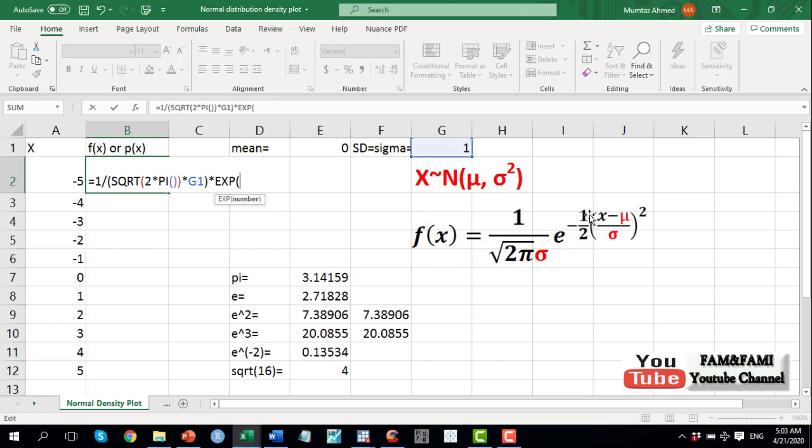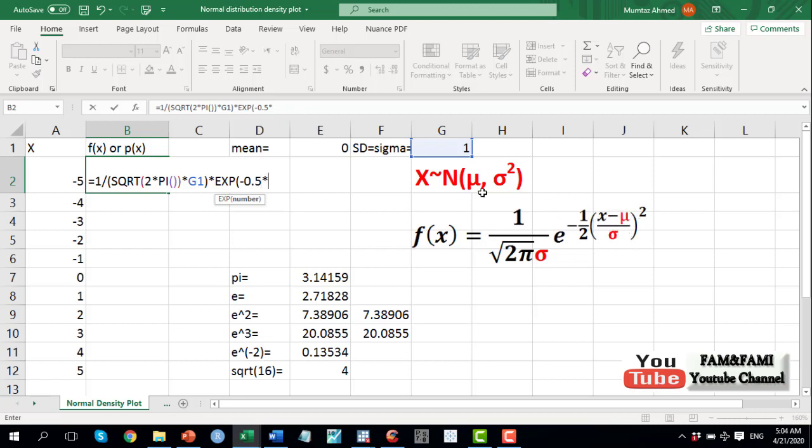So it is minus 1 by 2. You need to put the minus sign, and then 1 by 2 is 0.5. So 1 divided by 2 is 0.5. So we have calculated this expression, and now this 0.5 is being multiplied by this whole expression.